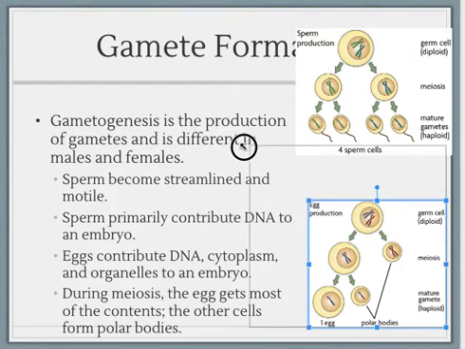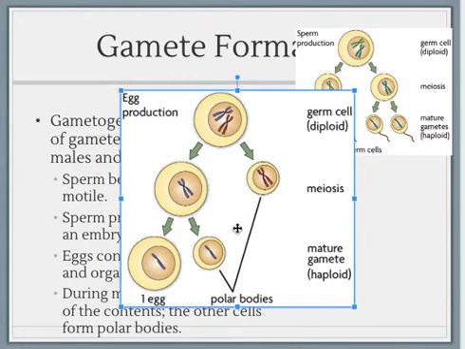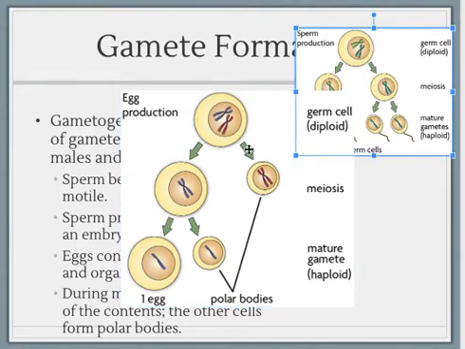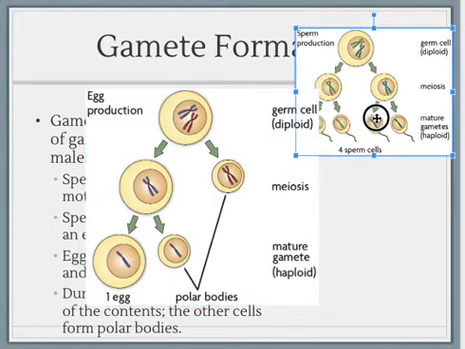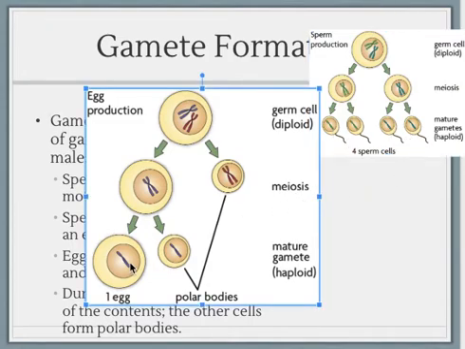Where things get a little different is for egg production. Check it out. As you produce your egg, you go through these steps of meiosis. Meiosis 1 gets you to here, meiosis 2 gets you to here, and you get one egg. Remember, at the end of sperm production, you had 1, 2, 3, 4 cells. Well, you only get one egg at the end of egg production.